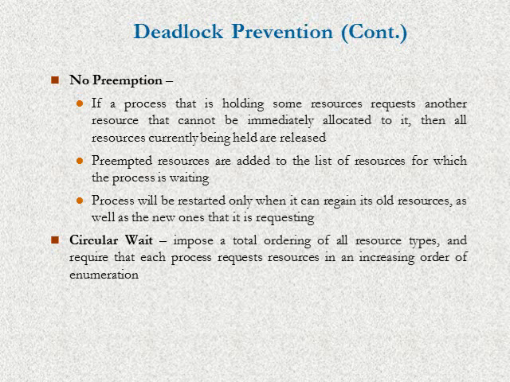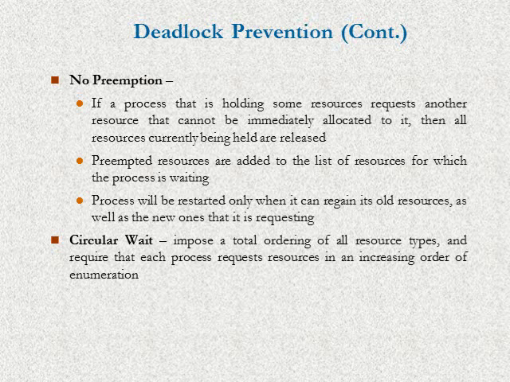The fourth necessary condition is circular wait, where multiple processes present in a system form a cycle of requests and allocations. To prevent this, we can form a total ordering of the resources that are present in the system.